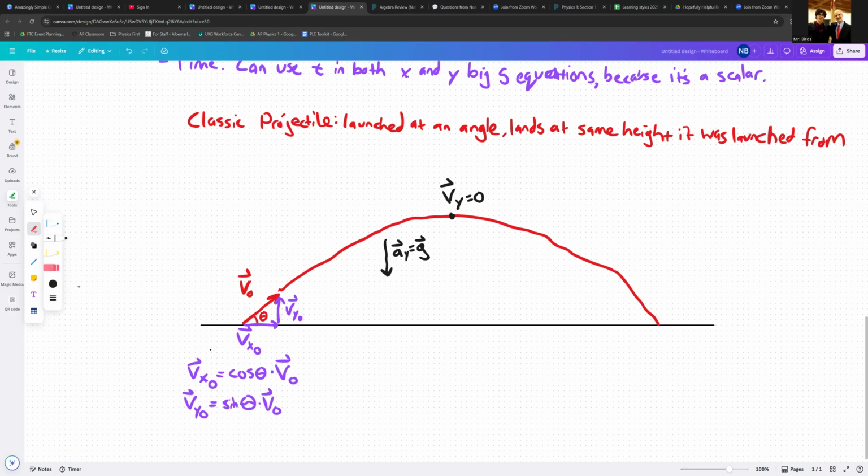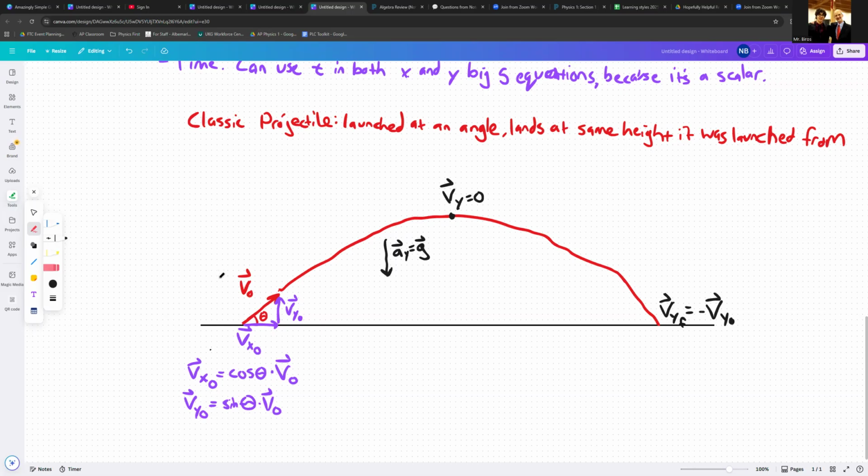Now, the acceleration of gravity continuing to act downwards will speed it up faster and faster until it hits the ground. We could also note that when it gets back down here, an interesting thing is that Vy final, even though we don't usually deal with that final velocity a whole lot, is actually equal to the same amount as Vy initial, but in the opposite direction.